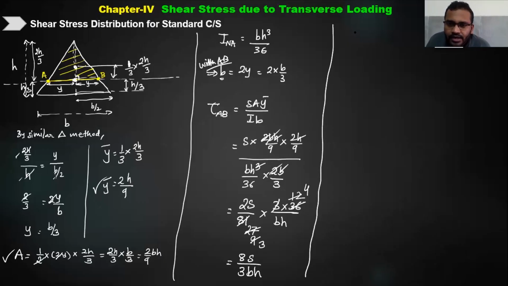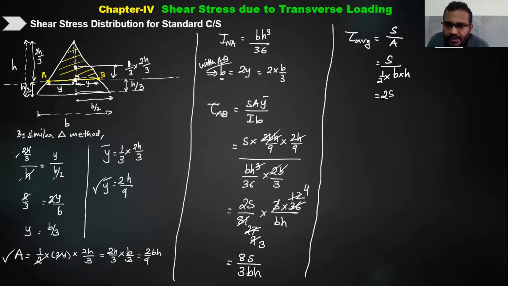Now can you calculate the average value of shear stress? So what will be the average value? It is shear force upon the area of cross section. How much is the area of the whole triangle? It is half into b into h. So how much will it be?